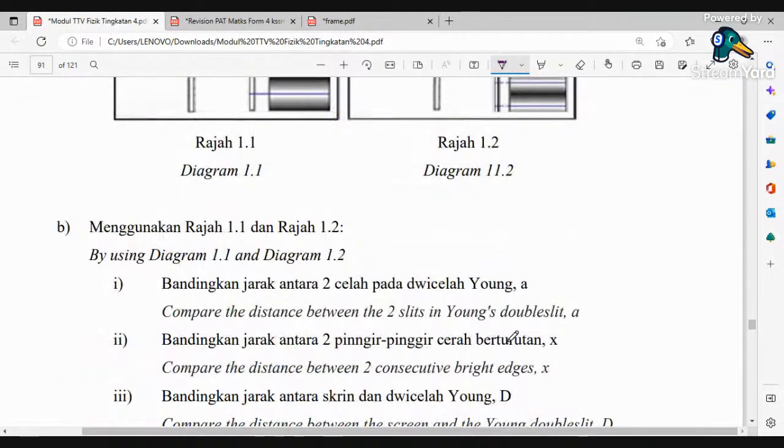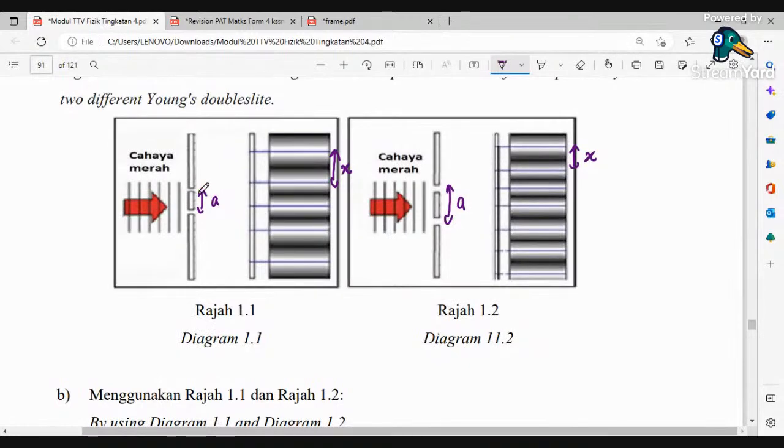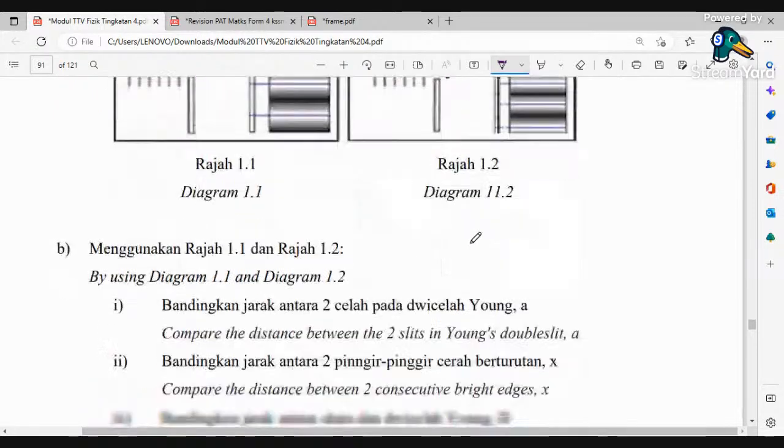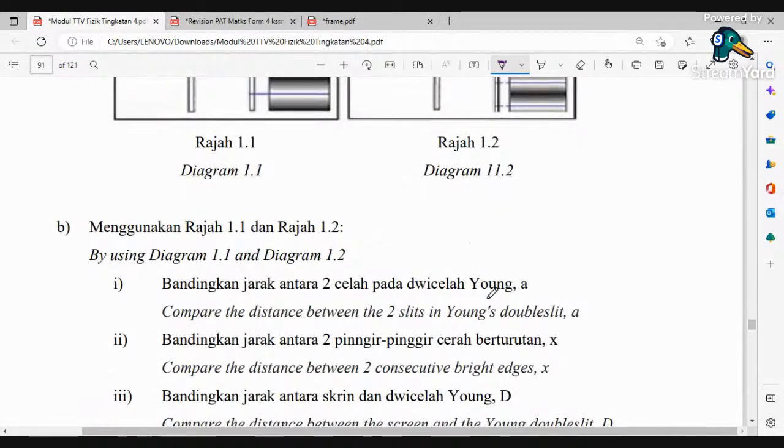By using diagram 1.2, compare distance between two slits in Young double slit. Okay, you can see in diagram 1.1, the distance or separation is shorter than 1.2.